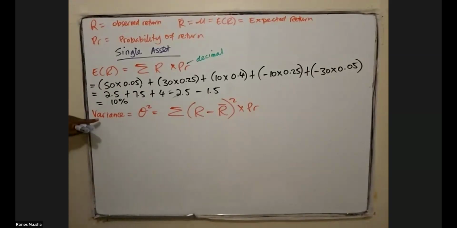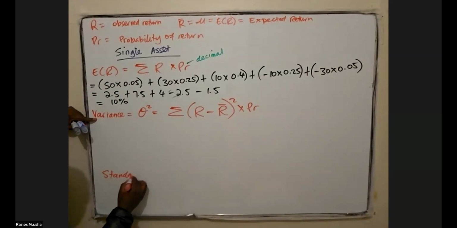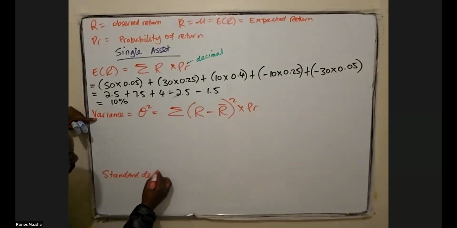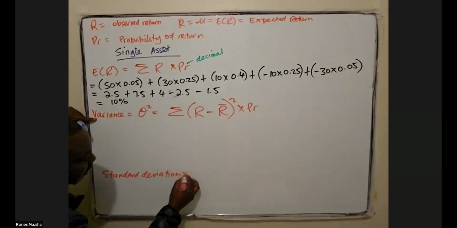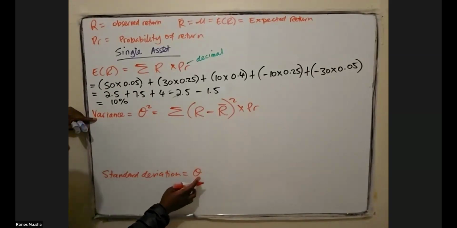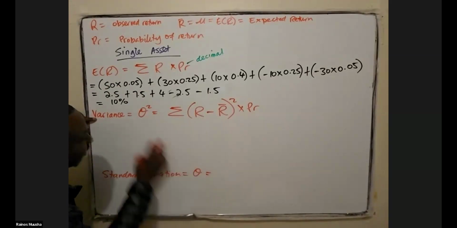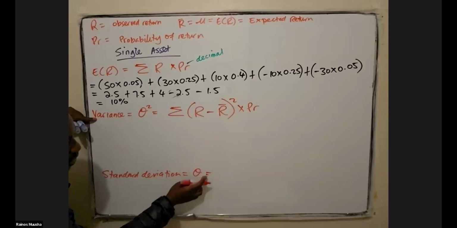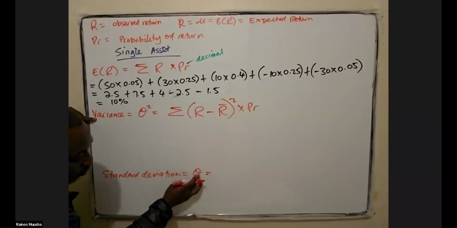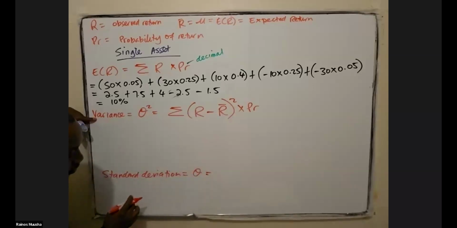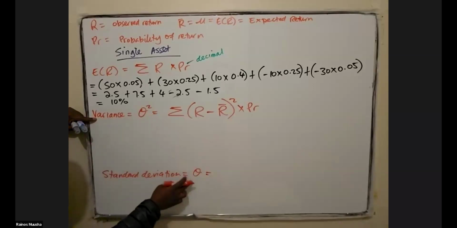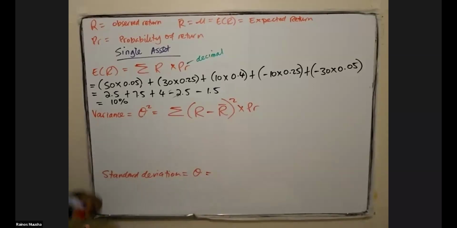So after calculating the variance, that's when you can now calculate the standard deviation, which is represented by this. You see that there's a difference between this notation and this notation. The volatility on its own, without being put to the power of 2, is your standard deviation. And then your variance is going to be represented by that.